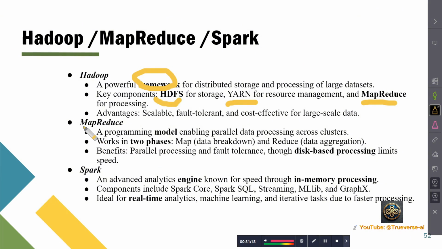MapReduce itself is a programming model for parallel processing. It works in two steps: map and reduce. Reduce is for data aggregation, and map is for data breakdown. For parallel, disk-based processing, not real-time processing, MapReduce would be good.